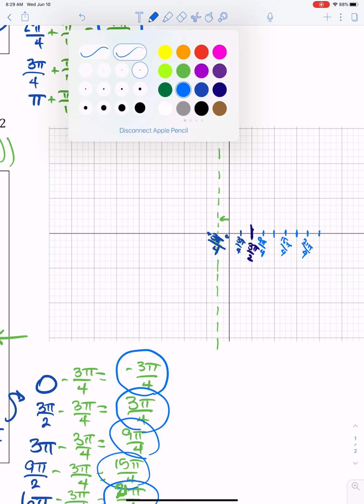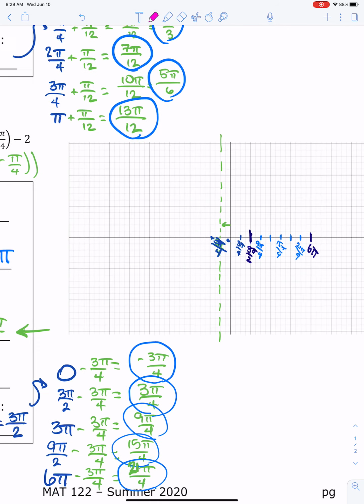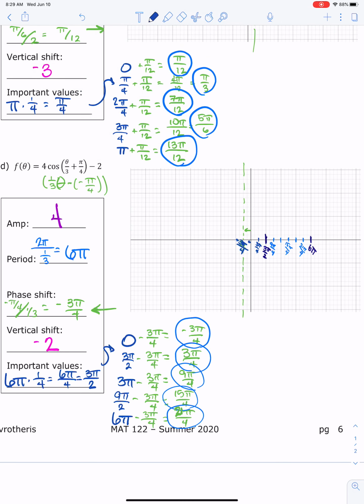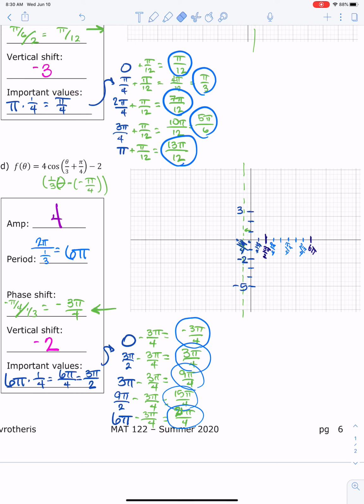And 24 pi over 4, which is 6 pi. Okay, so vertical shift next, down 2. So we're just going to count this off the same way. Here's 1, here's 2. Again, I'm going to draw that midline in.